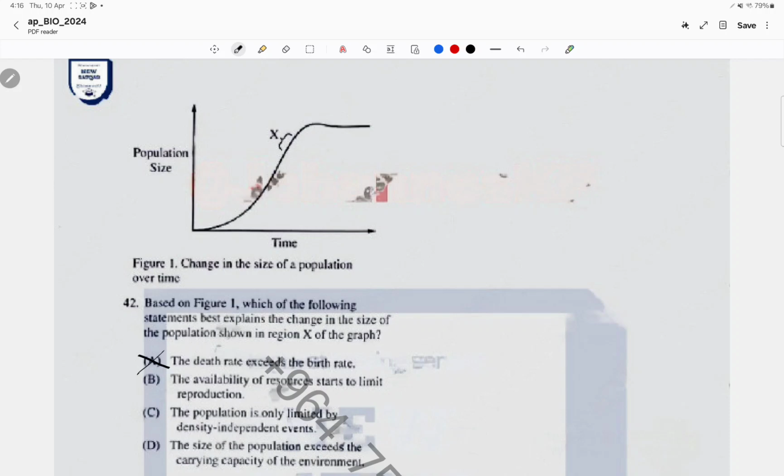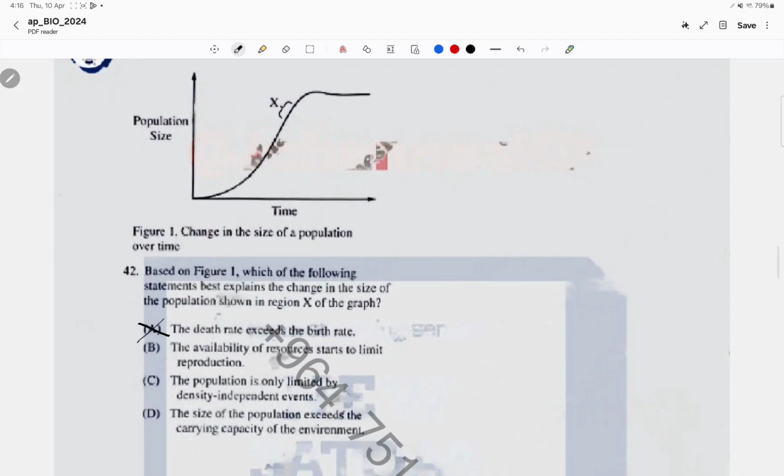And are we starting to basically flatten out, let's say? Does the population size exceed the carrying capacity? Here's the carrying capacity, right? So we're not even at it yet. So it's not D.